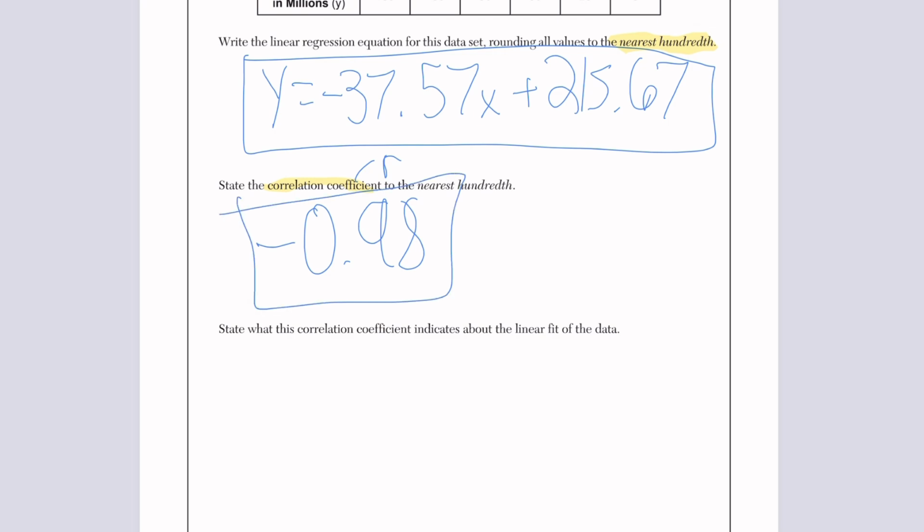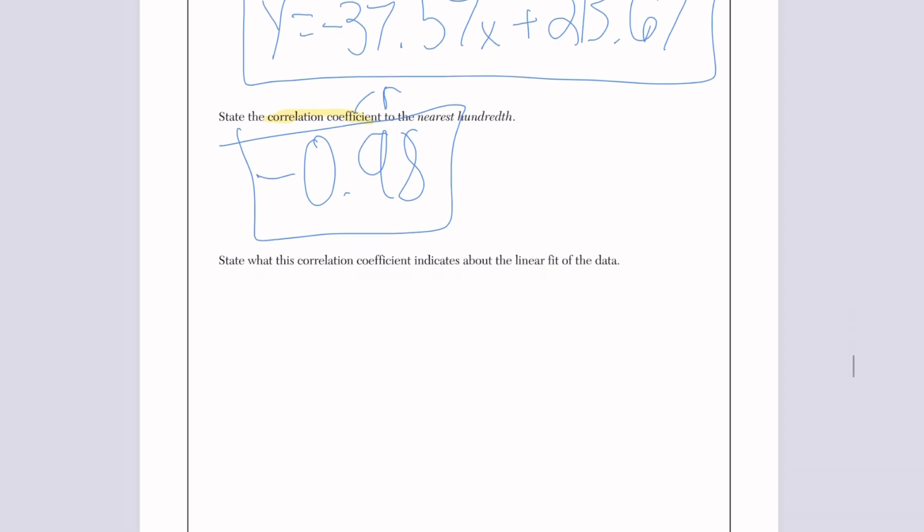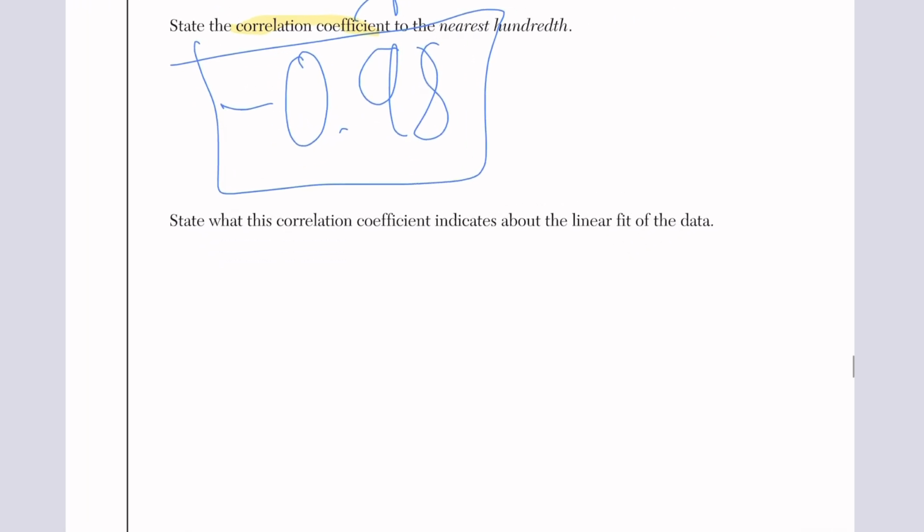Then state what the correlation coefficient indicates about the linear fit. A correlation coefficient close to -1 or 1 indicates strong. A correlation coefficient close to 0 indicates weak. So this one is obviously very close to 1.